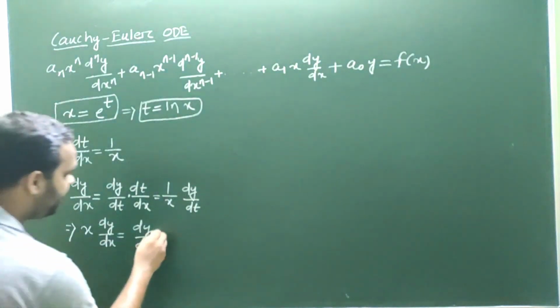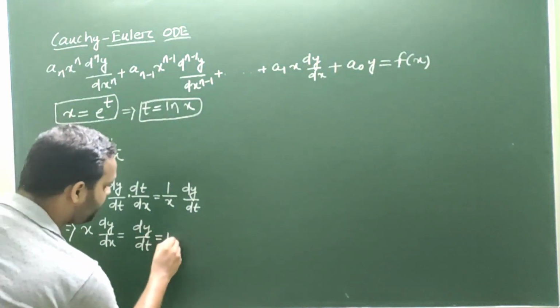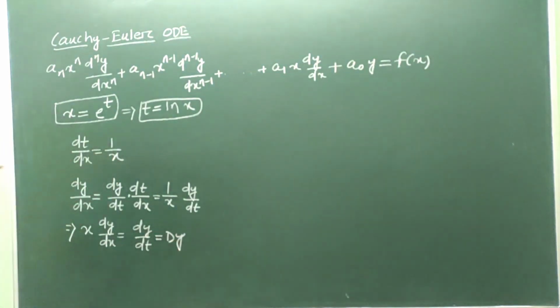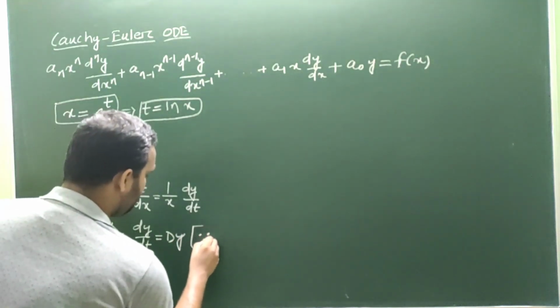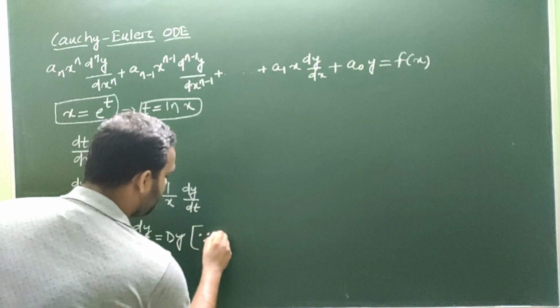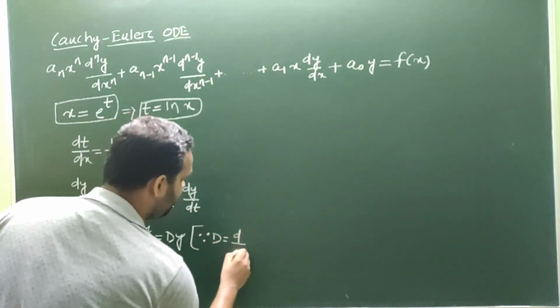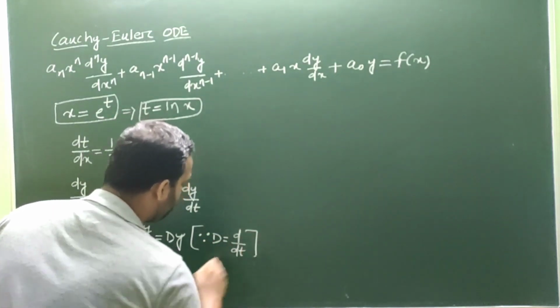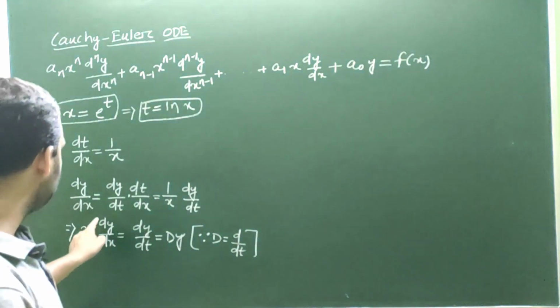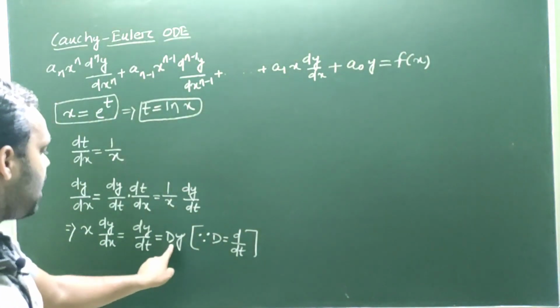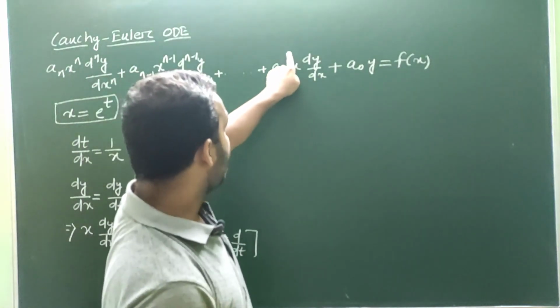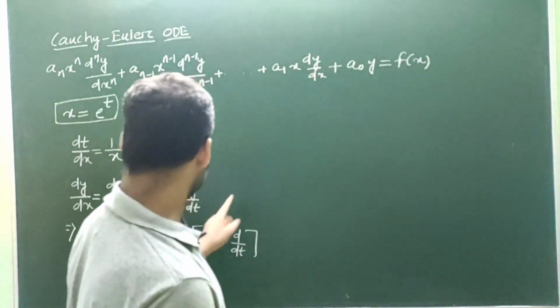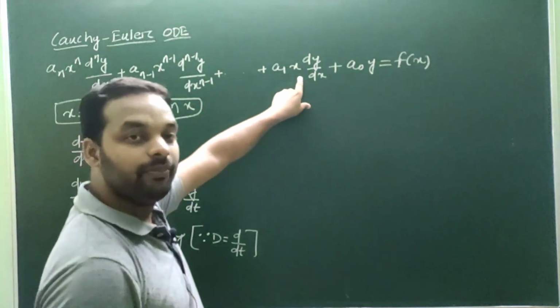If you take d by dt as capital D, it is the operator, then it will be capital D into y, since capital D is equal to d by dt. So x into dy by dx will be equal to capital D into y. So here we can substitute x into dy by dx as capital D into y.